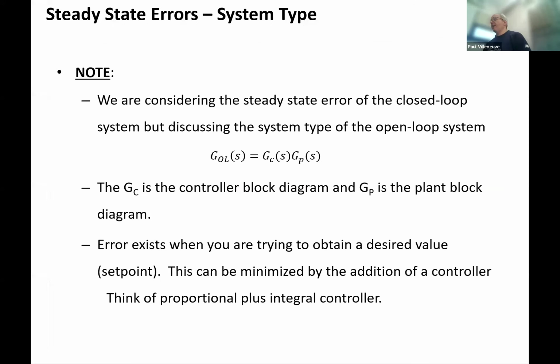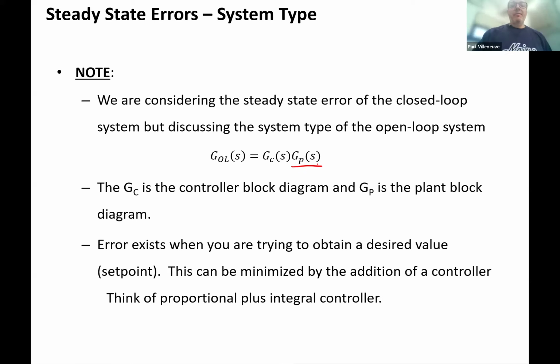Depending on what you're trying to achieve, we might be okay with a certain amount of error. So we might not need to add much to our system to make it go away completely. Whereas if we have to have a system that has no error, we have to add more integrators into our system to balance out and make sure that we get rid of our error.